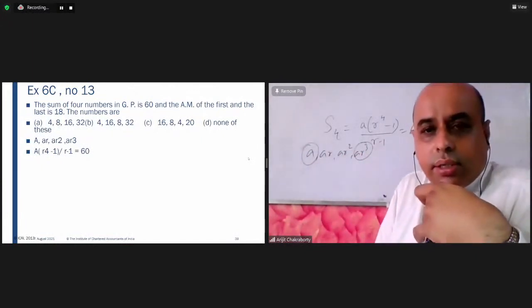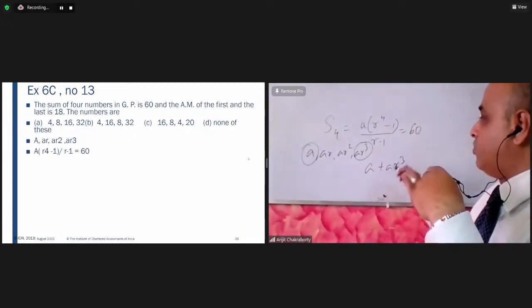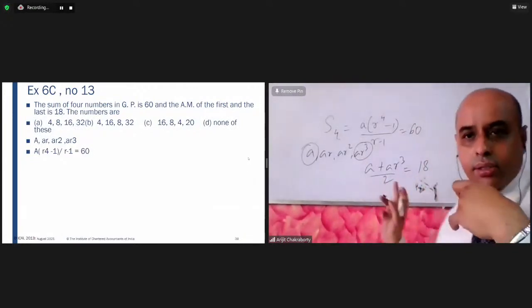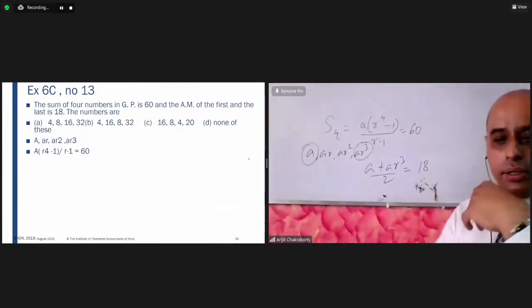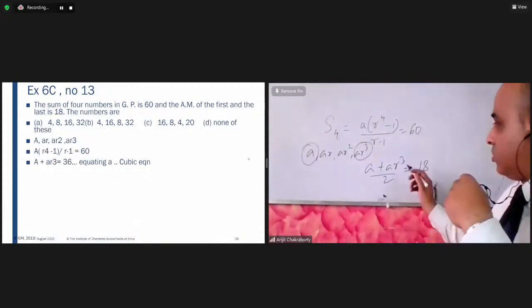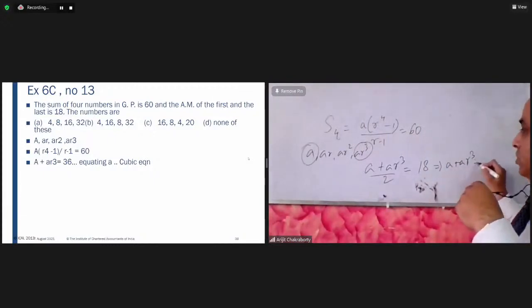If I take the arithmetic mean of them, that means (a plus ar cube) by 2 is equal to 18. So we have got the second equation, and from here we get a plus ar cube equal to 36.